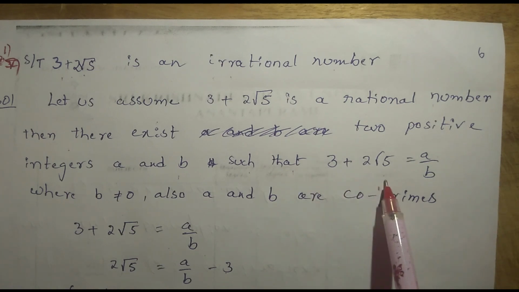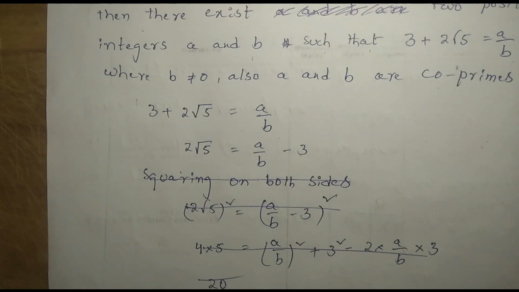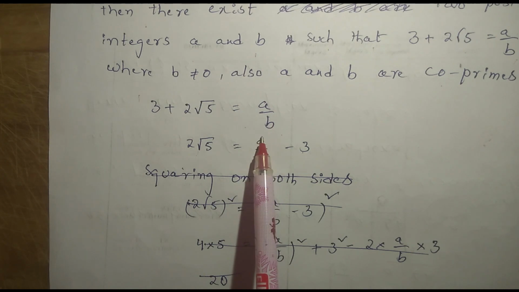3 plus 2√5 equals a by b, where b is not equal to 0, because a rational number can be expressed in the form p by q where q is not equal to 0. Also a and b are co-primes. Now we take 3 plus 2√5 equals a by b.